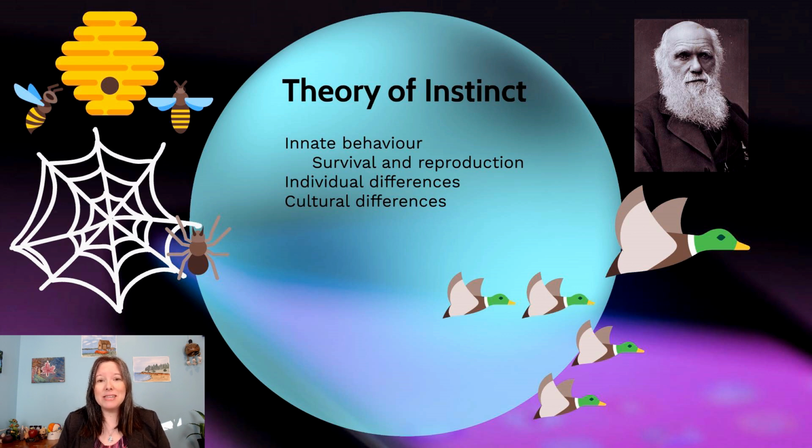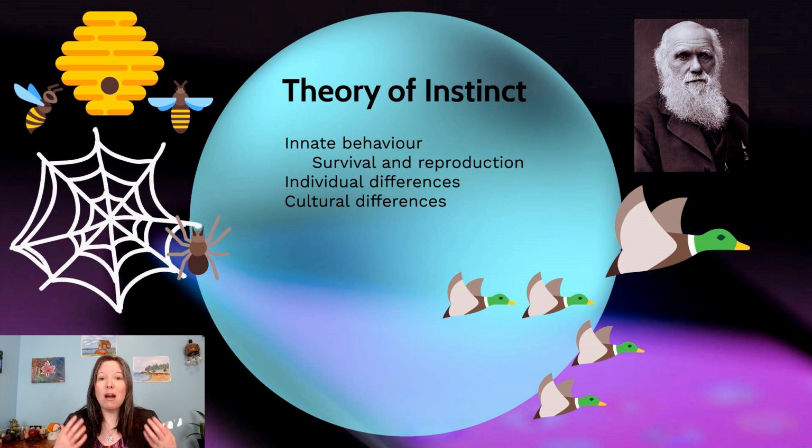These are things that we see in non-vertebrates, like a spider's ability to weave a web or bees working together to make a complex hive. We can also see this in lots of vertebrate species, of course, and the instincts get even more complex, such as how a newborn chick will often imprint onto its mom and follow its mom, and how birds learn how to fly in a V shape, and how they learn to navigate and migrate with the seasons.